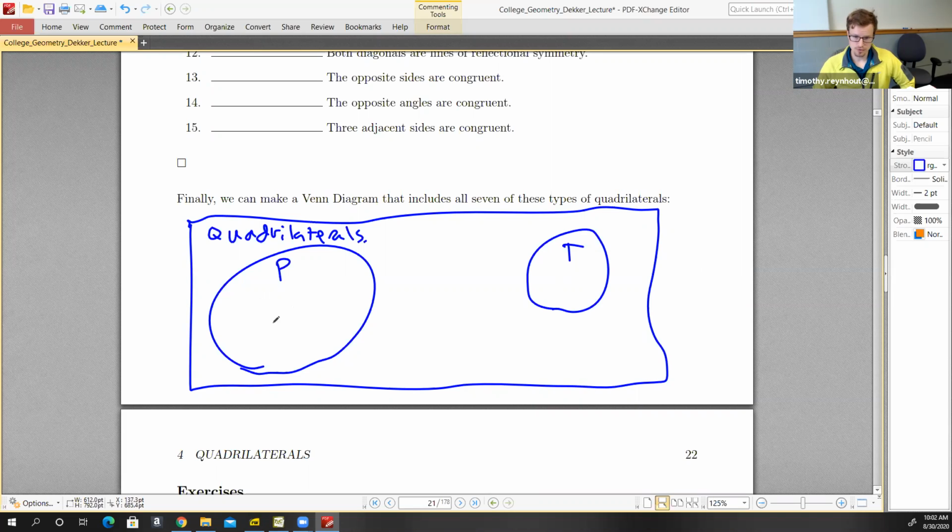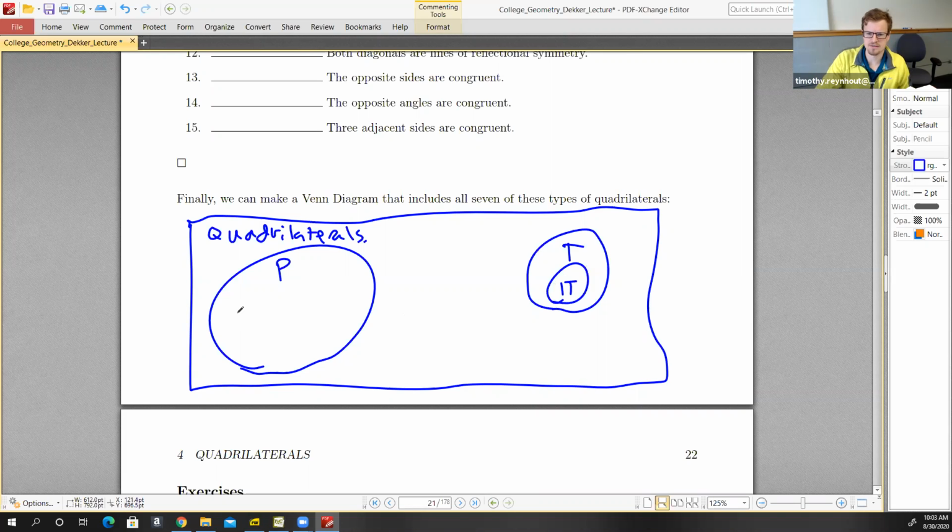Parallelograms have two pairs of parallel sides. Of course, isosceles trapezoids are trapezoids. So isosceles trapezoids are a subset of, or would fit within, all trapezoids. That one is pretty easy to identify.